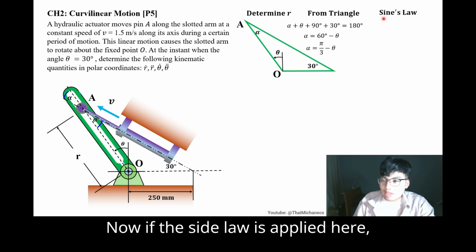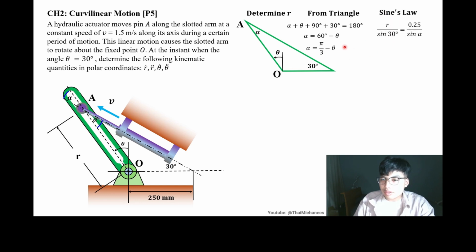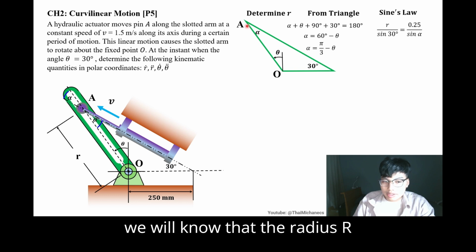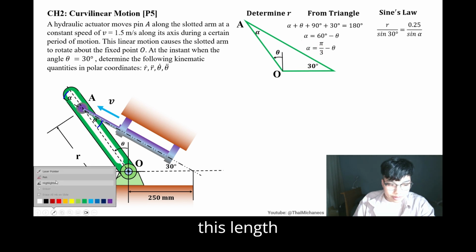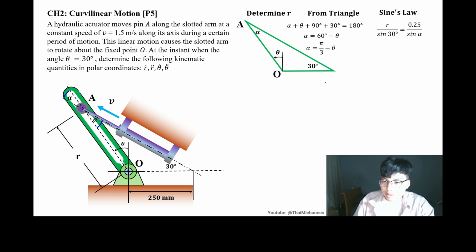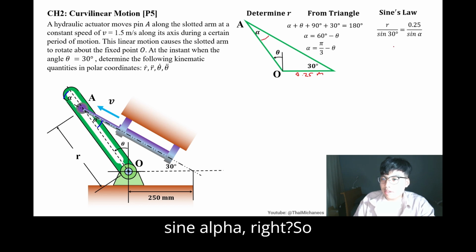Now, if the sine law is applied here, we will know that the radius r divided by sine 30 degrees equals this length of 0.5 meter divided by sine alpha, right?